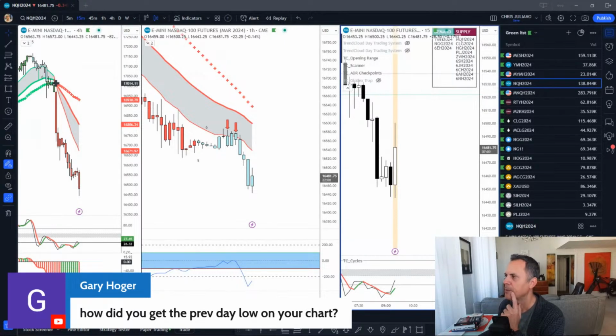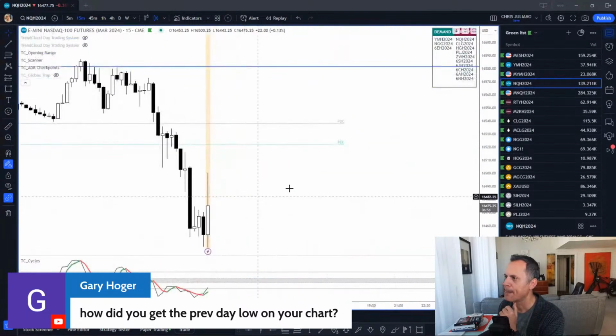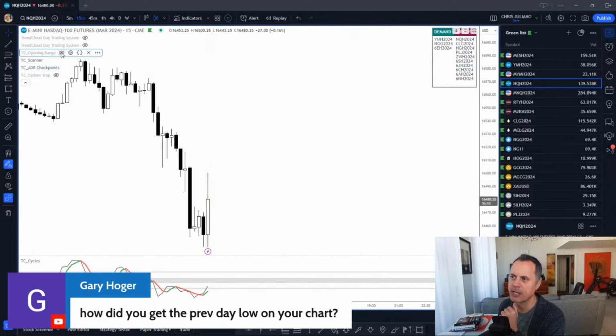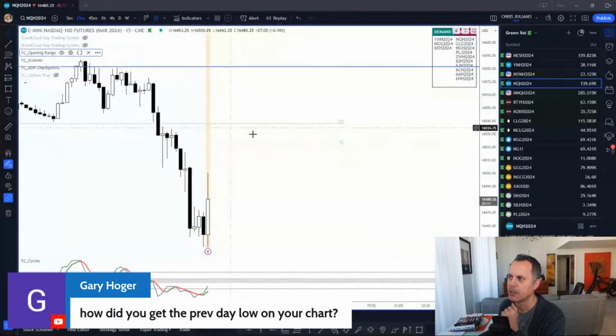Yes, previous day's low is already on your opening range tool. So go to your opening range tool right here, Gary. And when you put that on, it should populate on there.